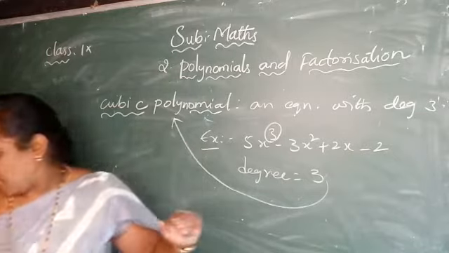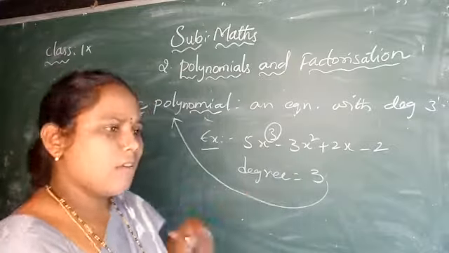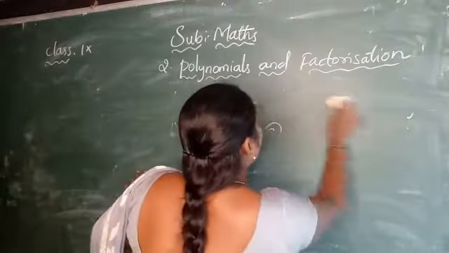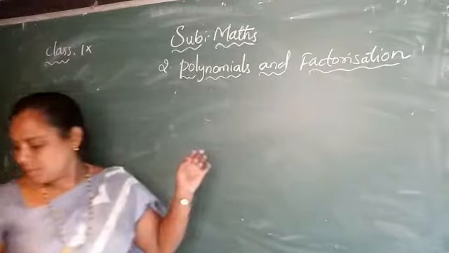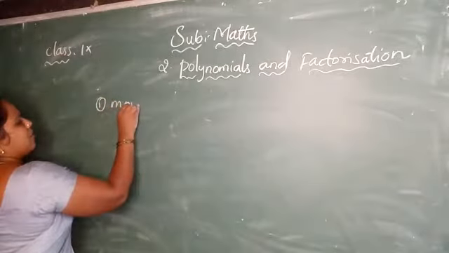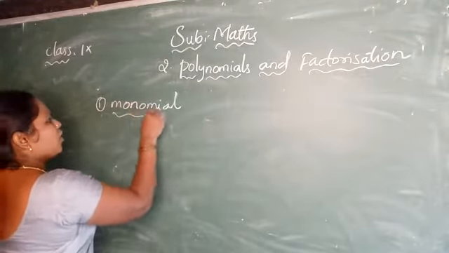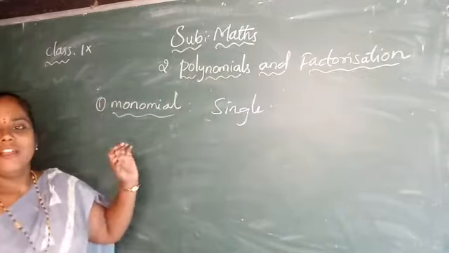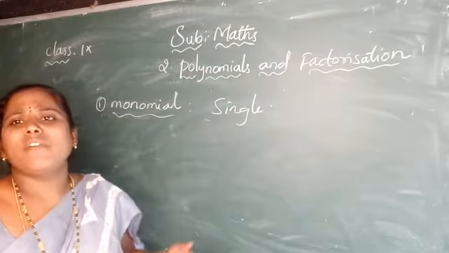Okay. Now I am going to explain the number of terms. Based on the number of terms, we name them monomial, binomial, trinomial, multinomial. So what is a monomial? Mono means single. A monomial is an expression which involves only one term.